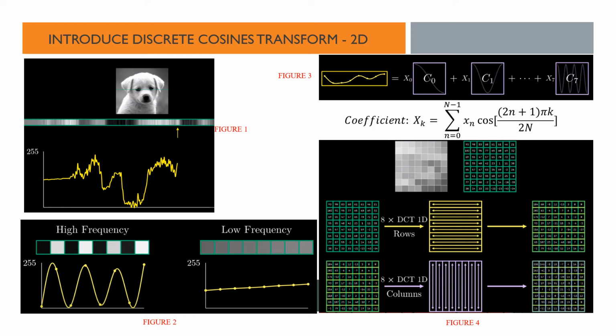In this slide, I will introduce the discrete cosine transform in two dimensions. First of all, I will talk about the image. As we know, an image is built by a matrix of pixels.